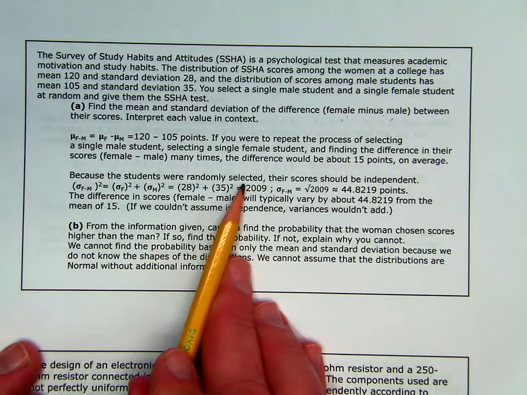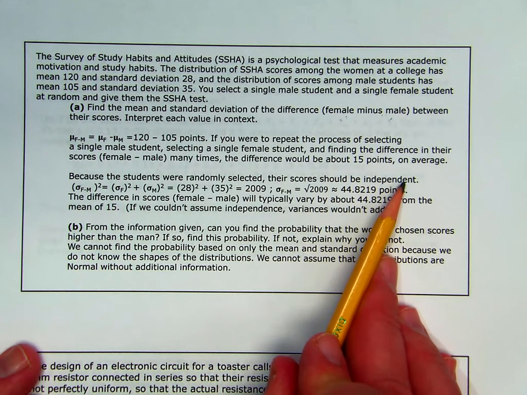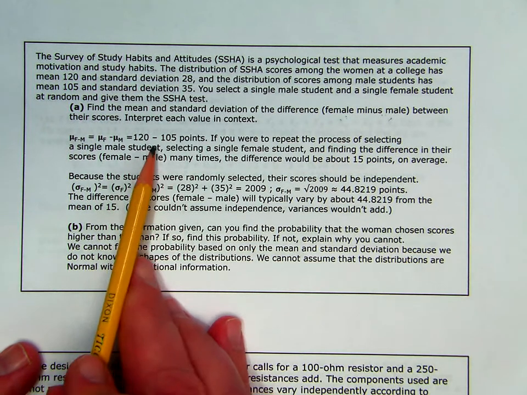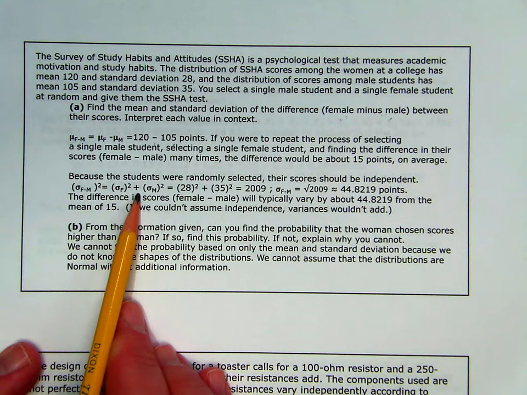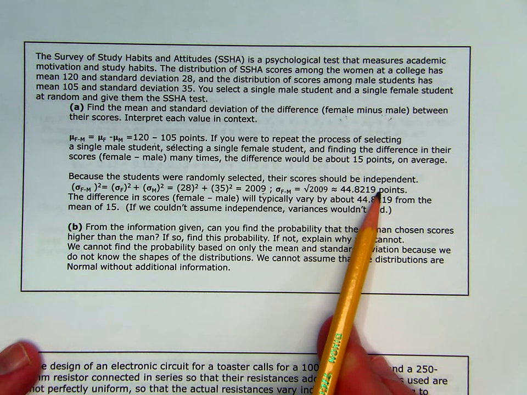All right, because the students were randomly selected, their scores should be independent. We have to make some kind of independence assumption. Remember, you never add or subtract standard deviations. Whether the initial distribution is addition or subtraction, as long as the independence condition is met, you can add variances. Then once you have the variance, you can go back to the standard deviation.